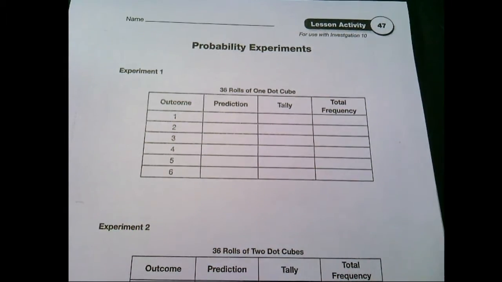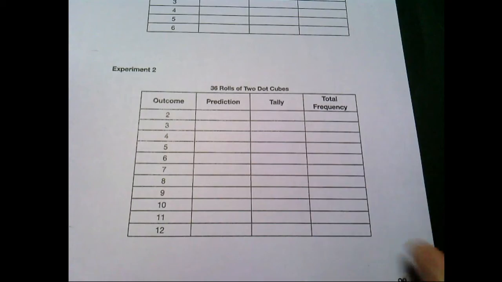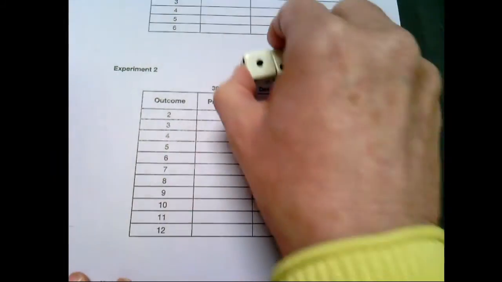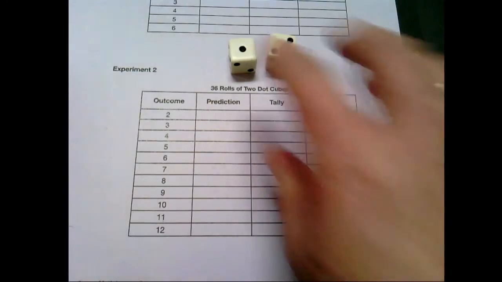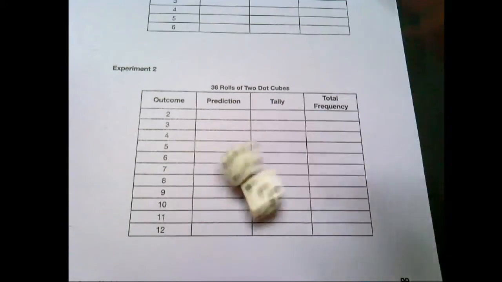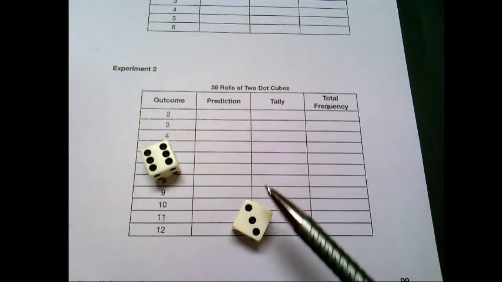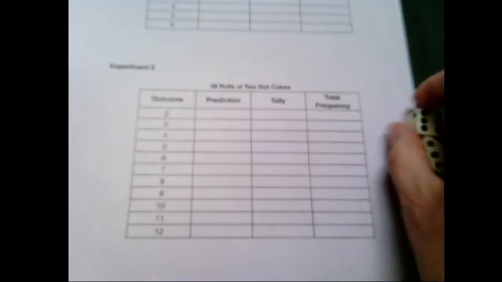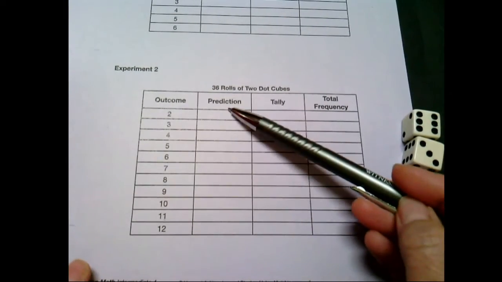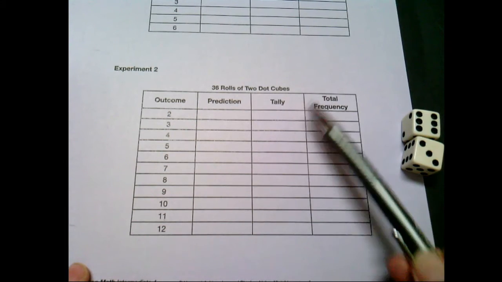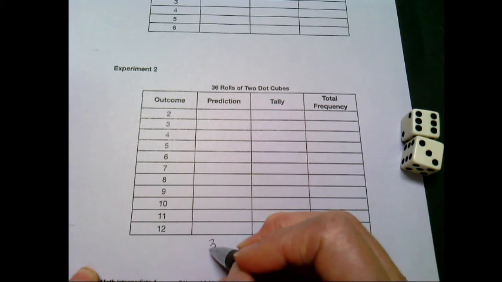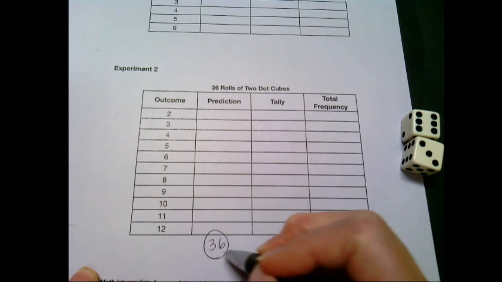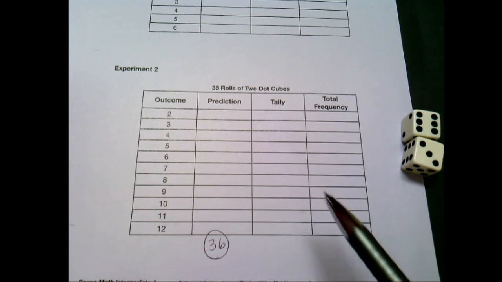Talk about it and answer the questions that go along with it in your book. Then you'll do that same type of thing, but using 2 dice. Again, you'll do 36 rolls, and what they mean by 36 is one roll, doing both of them together. Now with this one, you'll make your predictions again before you do your actual rolls, and your total number of predictions should only equal what? 36. 36 total there.